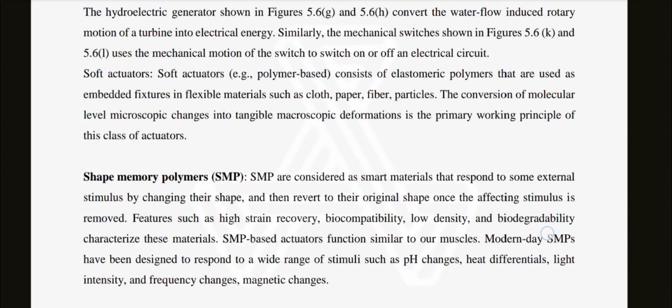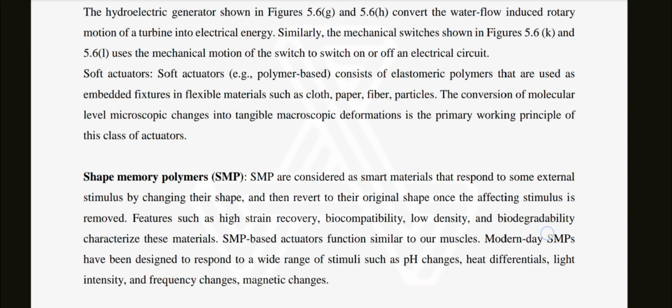Shape memory polymers, SMP, are considered smart materials that respond to some external stimuli by changing their shape and then revert to their original shape once the affecting stimulus is removed.